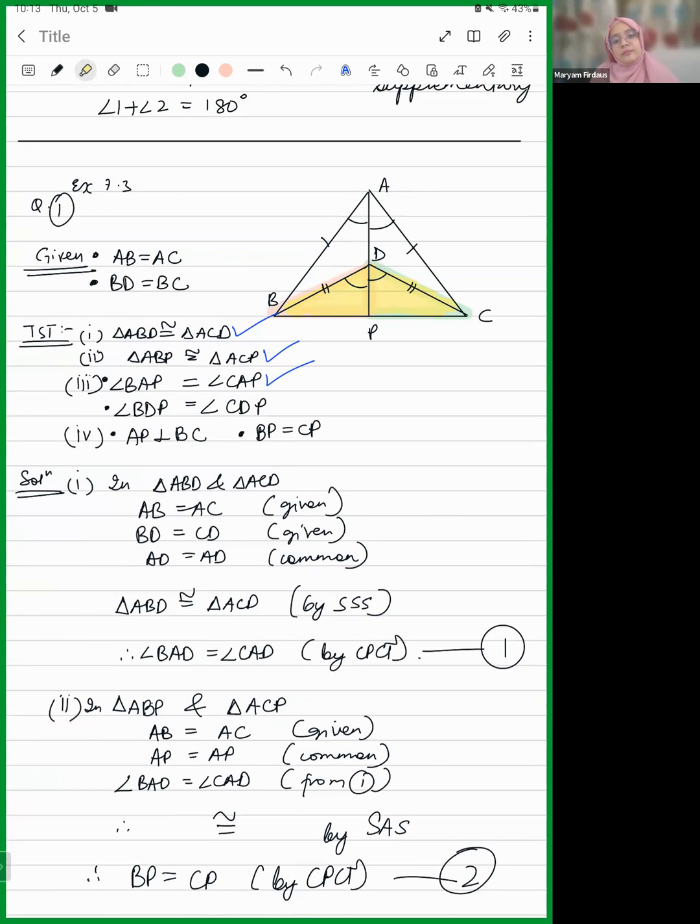Then in the previous question, we explained that BP bisected angle A and angle D. So angle D is bisected.